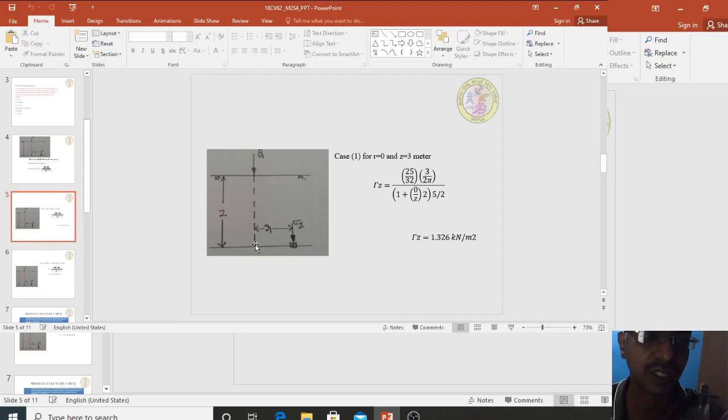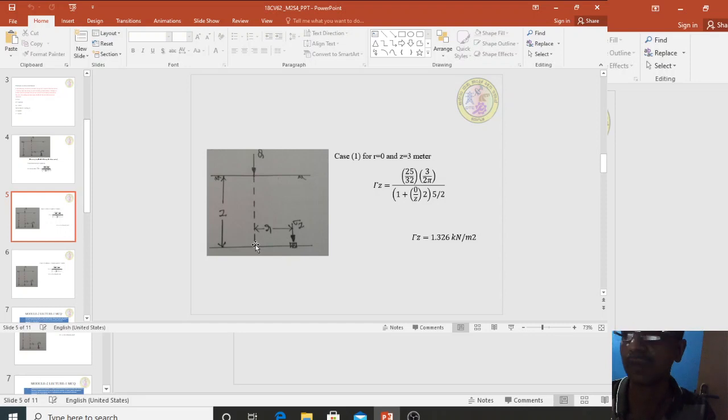So this is your ground surface and this is the load I am applying. Assume that this is 3 meter thickness. Because of this point load, what is the stress at this point, that is at a depth of z.